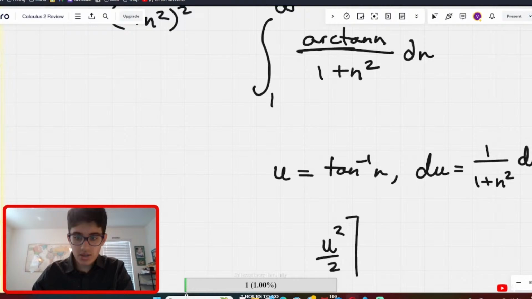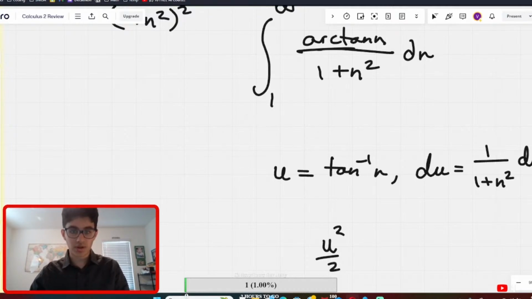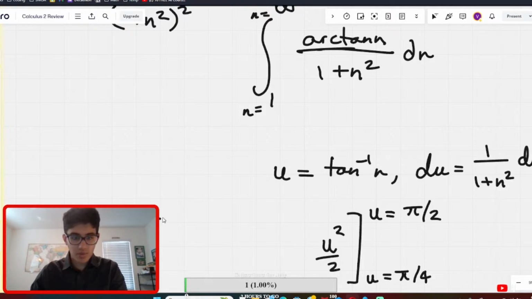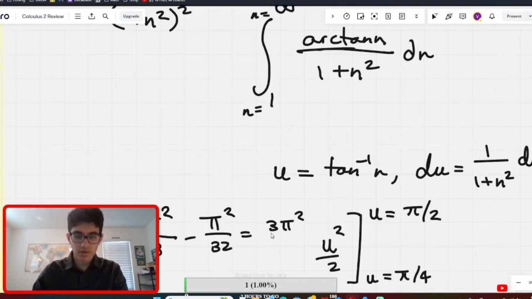But the bounds change now because we're taking u equals this. Here we have u equal to arctan of infinity, which goes towards pi over 2, and over here u is equal to pi over 4. So now this is easy enough to do. You just have pi squared over 8 minus pi squared over 32, which is 3 pi squared over 32.